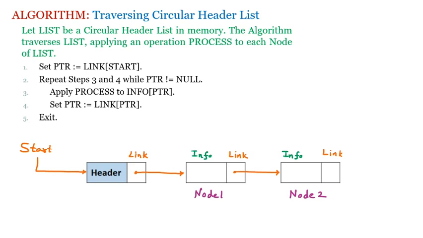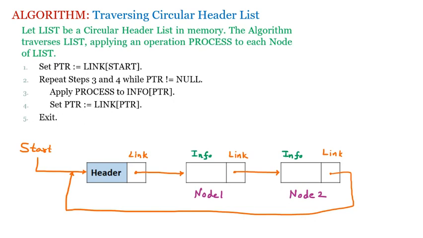The link part of the last node, node 2, will come back and point to the header again. That's why it is called the circular header linked list: the last node is pointing back to the header.